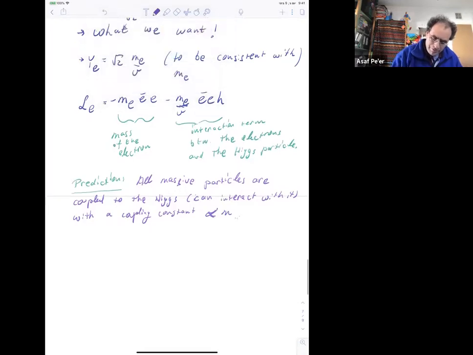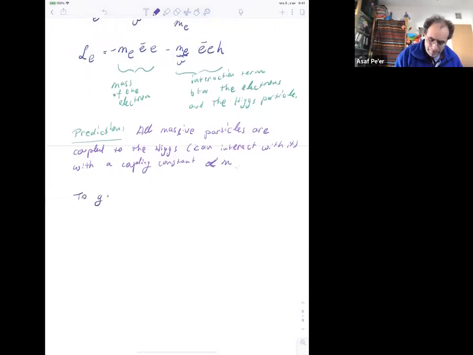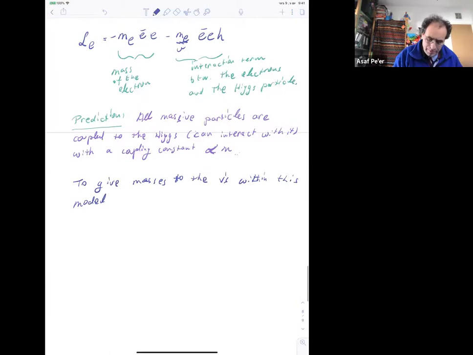So to give masses to the neutrinos within this model, we can construct a doublet phi c, which is going to be formed as minus i sigma 2 phi star.